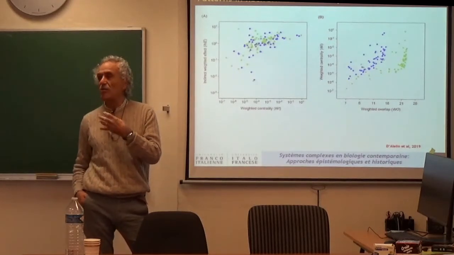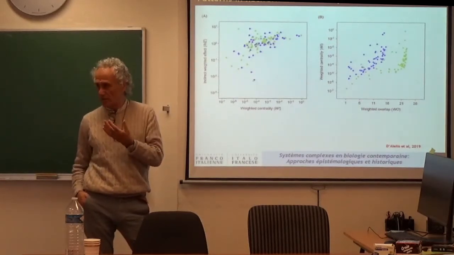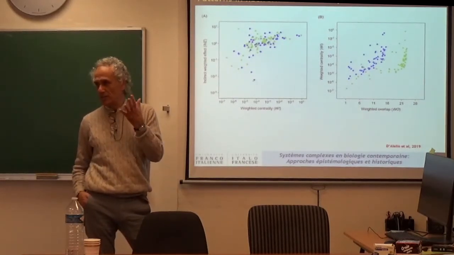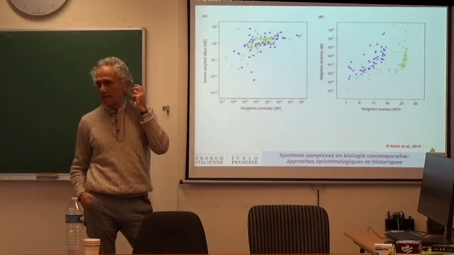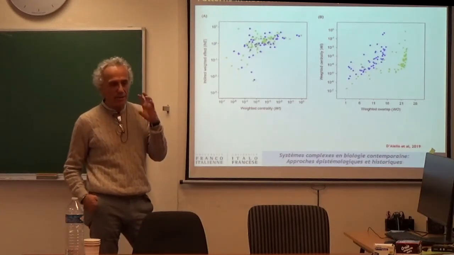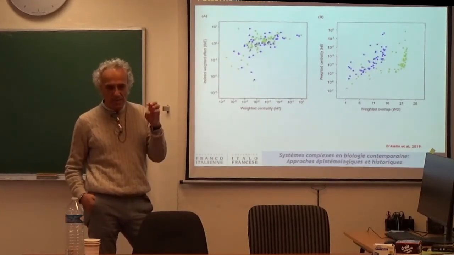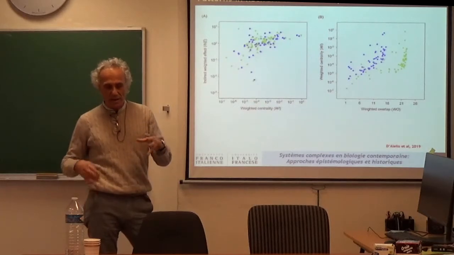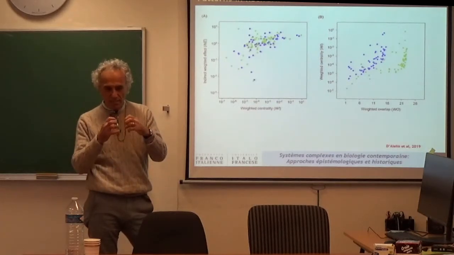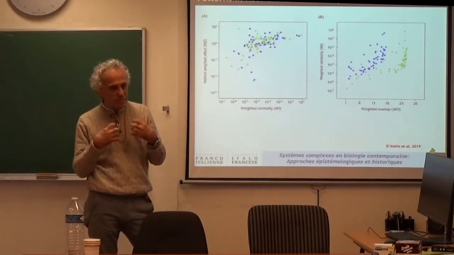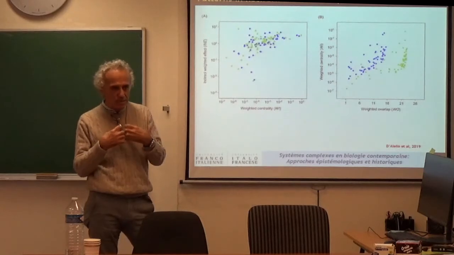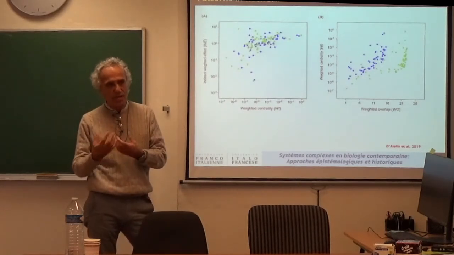So there is a rewiring of the network, just changing trophic state, and the same kind of thing we have found at the global scale with Tara data, where the same community is modular, is divided in modules, and the modules respond differently according to the change in the environment.